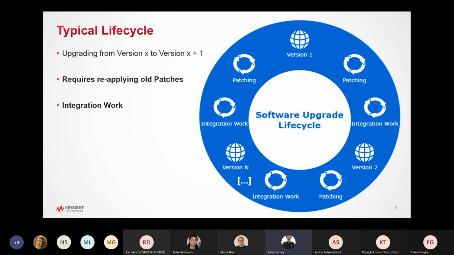But often it also means bug fixing, right? Things don't always go smoothly from the beginning, and during QA testing cycles, we often find issues which need fixing. After a while, we realize that we have to perform the upgrade to version X plus 1 this time. And very often we are required to reapply all the patches from the previous version, which might make this upgrade process more difficult than it should be.